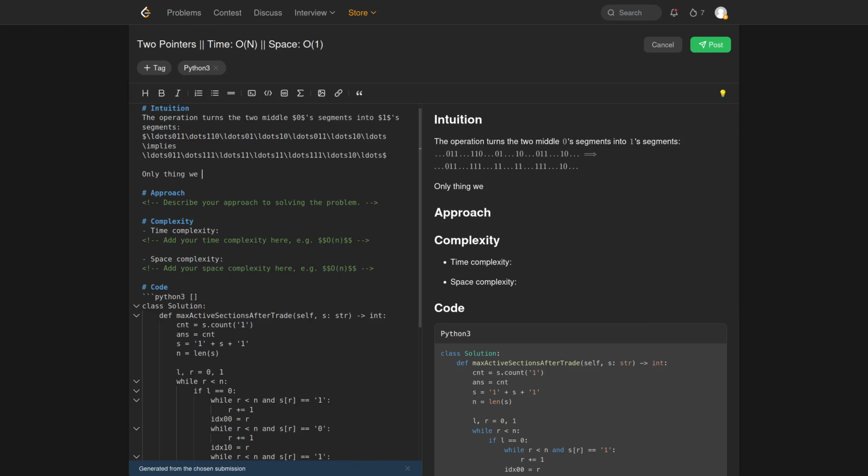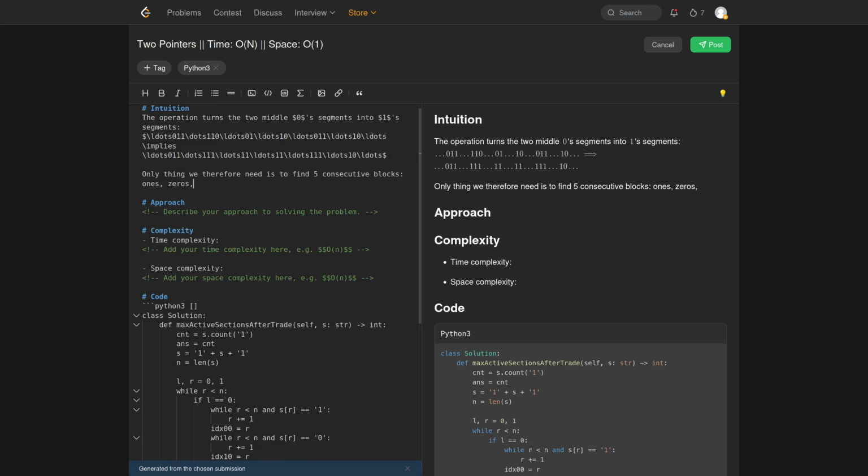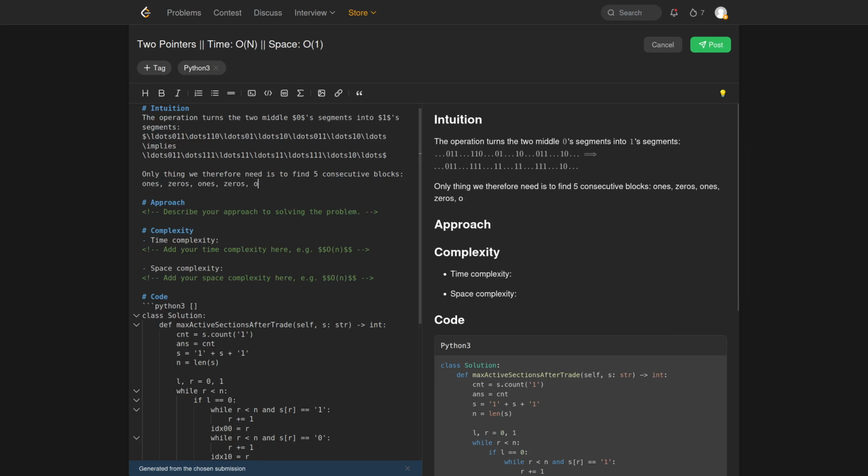The only thing we therefore need is to find 5 consecutive blocks: ones, zeros, ones, zeros, ones.